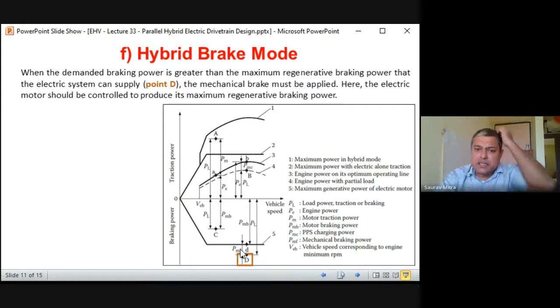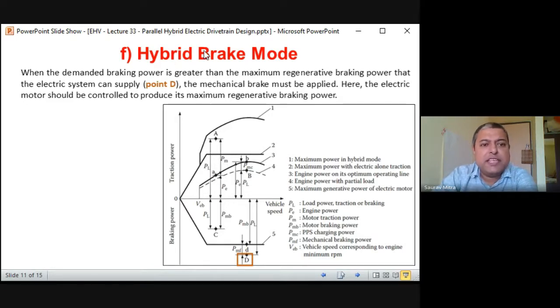In the parallel hybrid block diagram I had shown you, there are two kinds of brake. One was the mechanical brake, another was the electrical brake. The electrical brake was produced by the motor connected on the PPS side. So that motor and the mechanical brake together produce the hybrid brake.